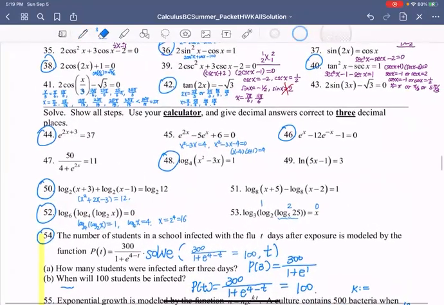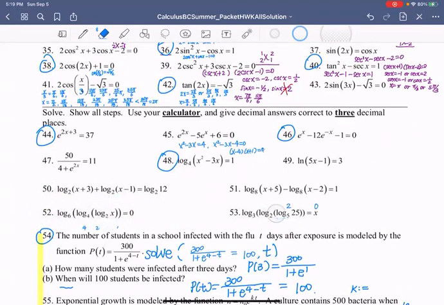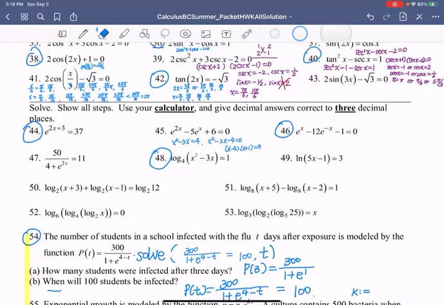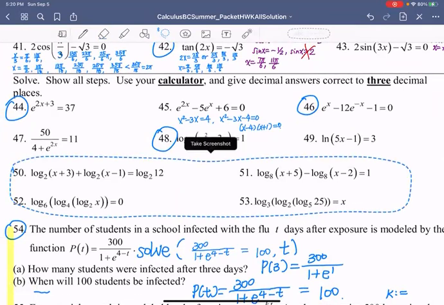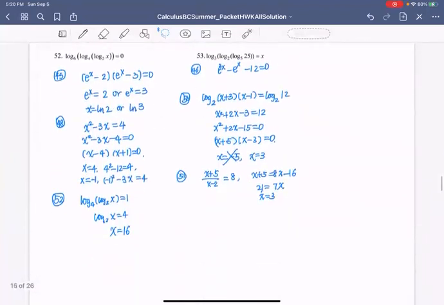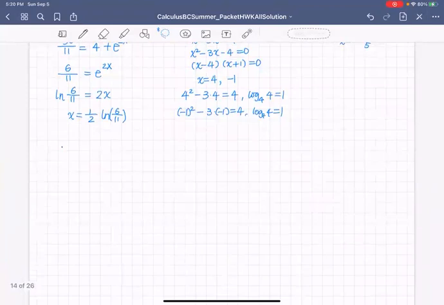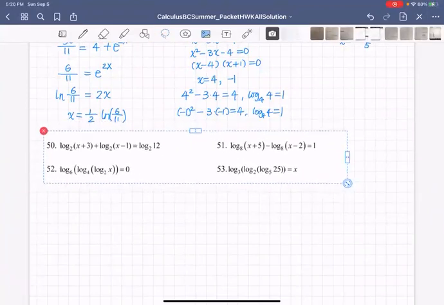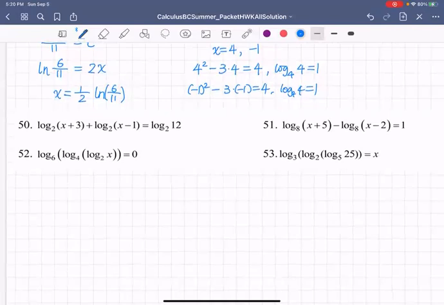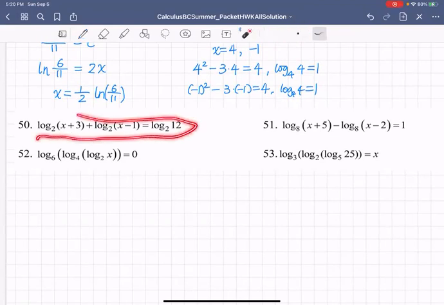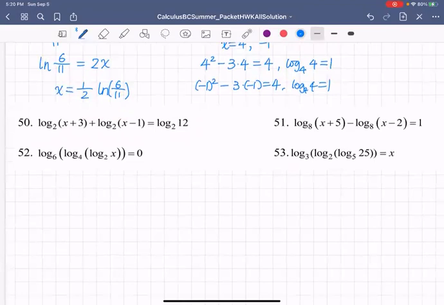Next, for question 50, it may be a little bit complicated. Look at this 50, okay?